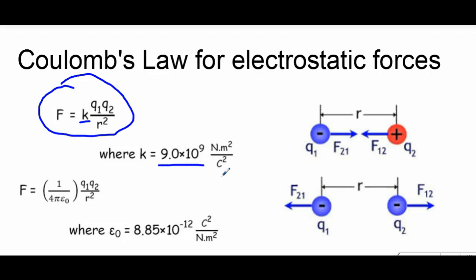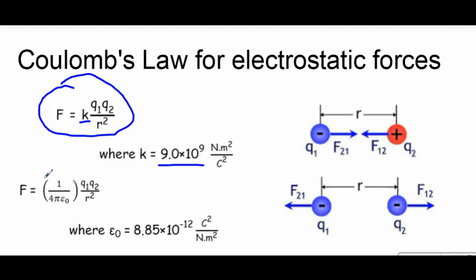So 9E9 on the calculator works very nicely, and that's units newton meter squared per coulomb squared, just like the universal gravitation constant was newton meter squared per kilogram squared. So you just have to get used to using these new units for charge, which are in coulombs.